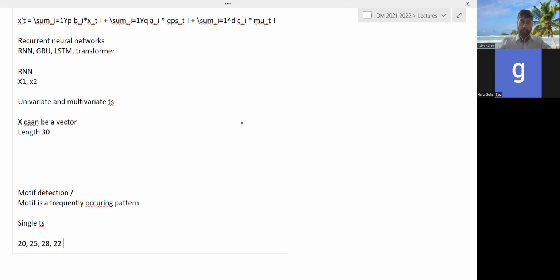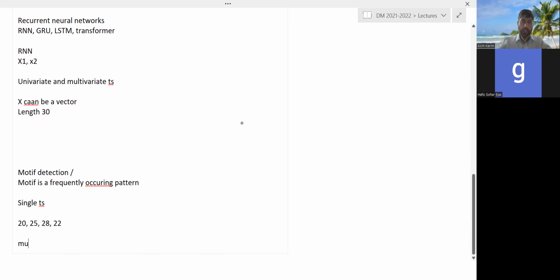So this would be for a single time series. Now let's say you have multiple time series, meaning that you have temperature recordings for, let's say, 30 places in the city over the same time period. So in this case, motif detection would be: I want to find a pattern which occurs frequently in all those 30 time series.